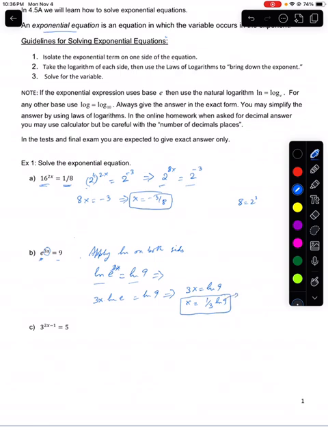Now this is called the exact value, and in exams you are expected to leave the answer in this form, because otherwise you have to take the calculator. So no calculator here.